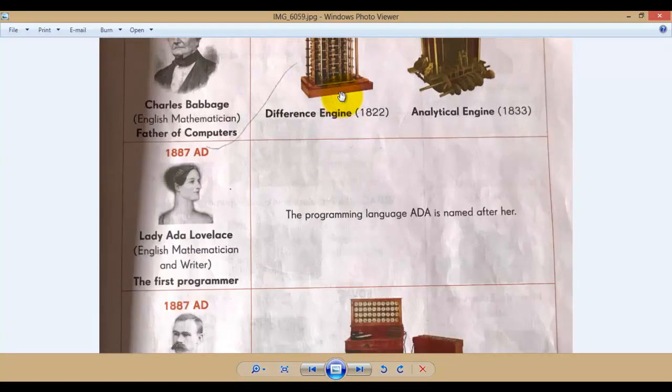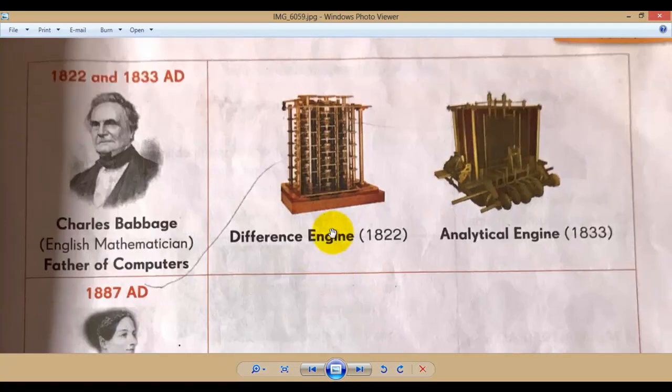It's because in the difference engine we can calculate a bigger number of data, and it's more accurate than before. So from this device, the computing has become more accurate than the previous versions.